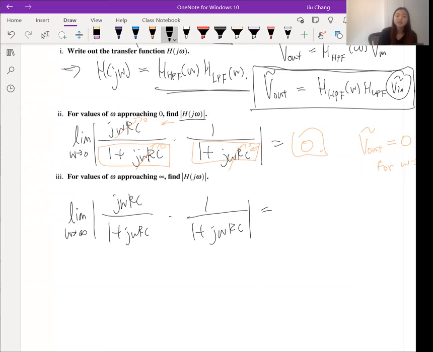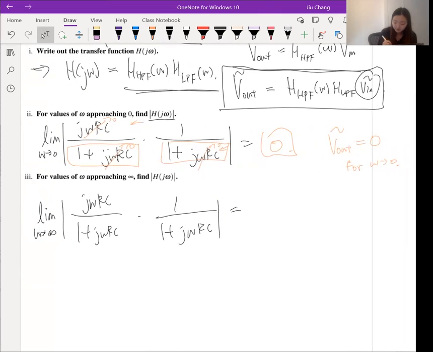So we probably want to use L'Hopital's rule again. Taking the derivative of the numerator with respect to omega is just jRC.